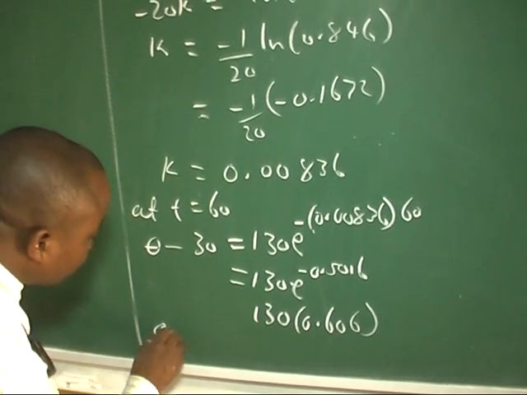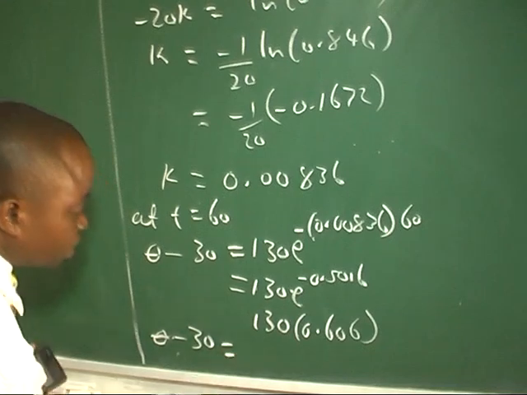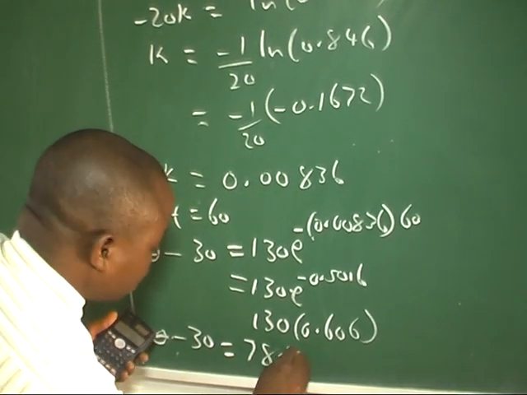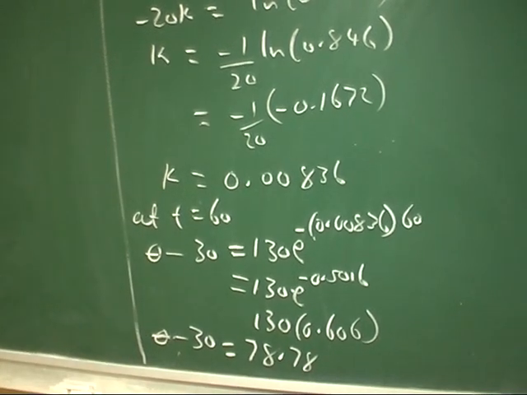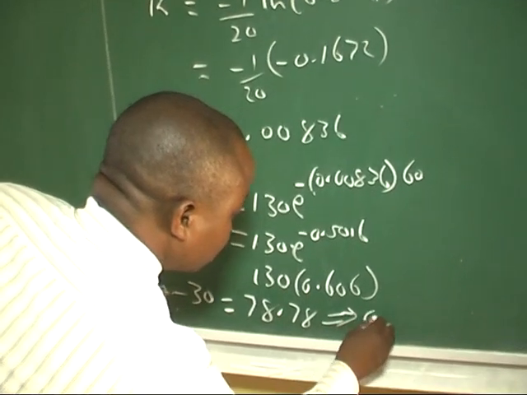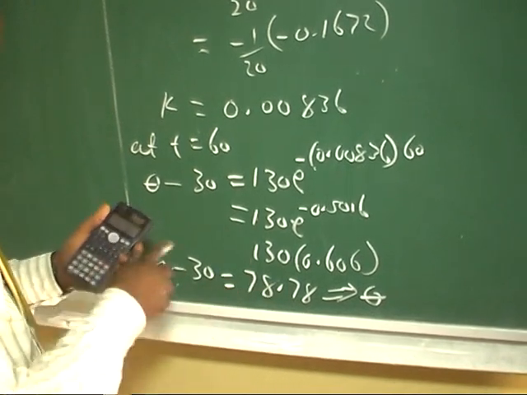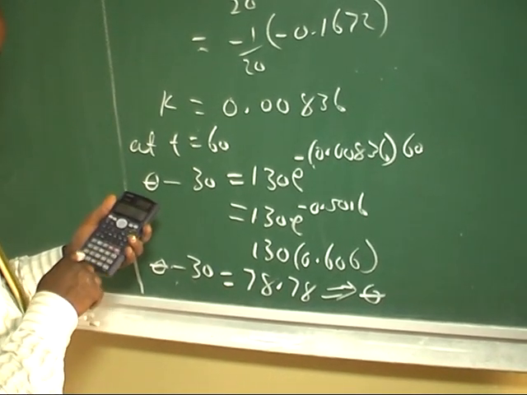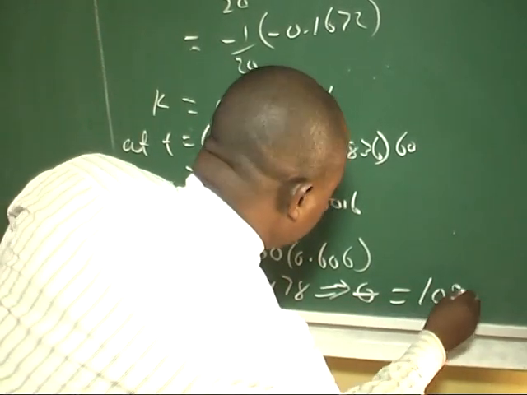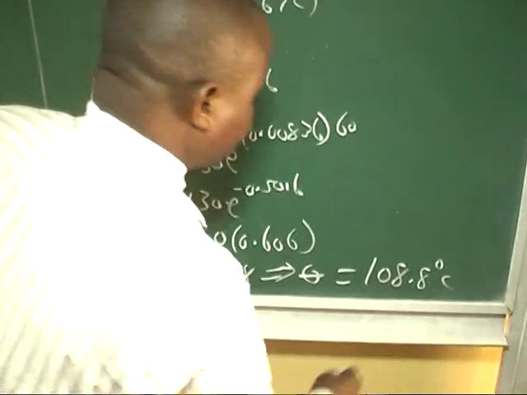So theta minus 30 will be equal to 78.78, which implies that theta, if we transfer this to this side, we can now say plus 30, it will give us 108.8 degrees Celsius.